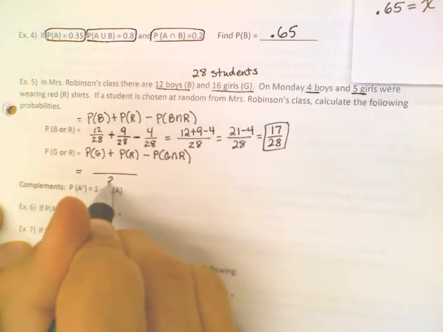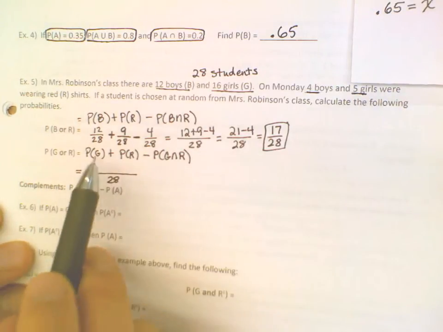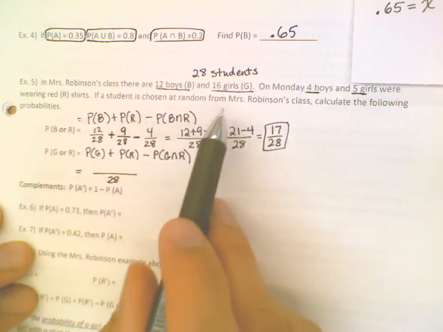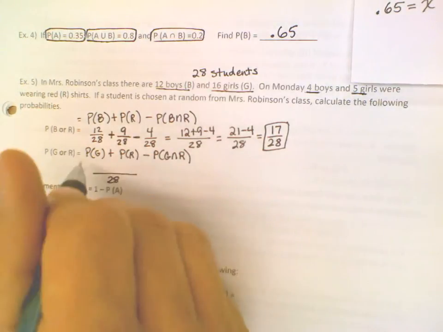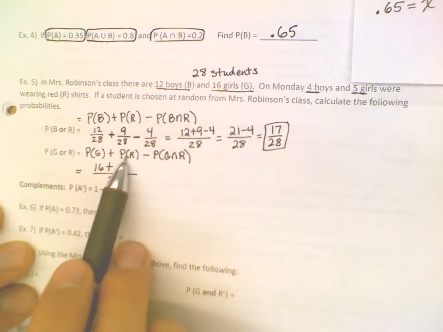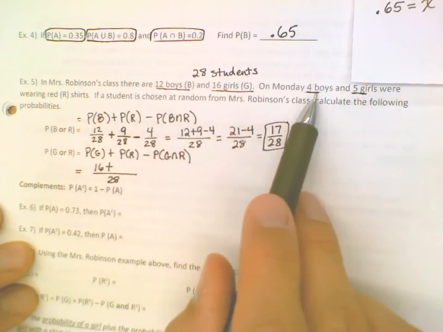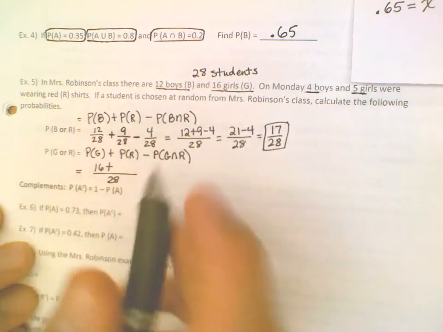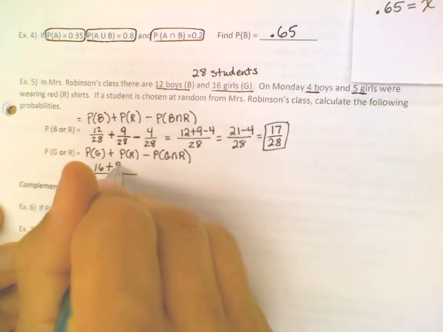Okay, 16 out of 28. We know it's going to be out of 28. How many girls were there? 16. How many red shirts were there? There were still 9. 4 boys, 5 girls were wearing red shirts, so that'd be 9.